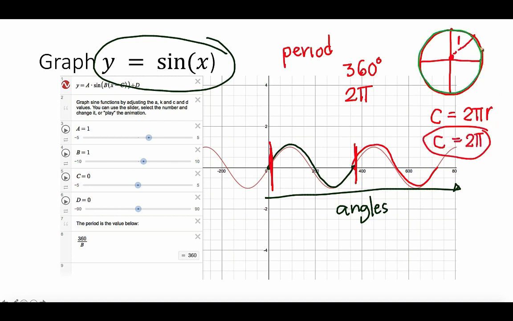In other words, if I put a string around this unit circle and I stretch it like this, the length of that string that goes around the circle would be 2 times pi, or 6.28, or 2 times 3.14. So that is now the reason why one complete rotation around the circle in degree is 360 degrees, but in radian is 2 times pi, where pi is 3.1416 approximately. So in this graph, one period is 360 degrees in degree measurement, or 2 pi in radian measurement.